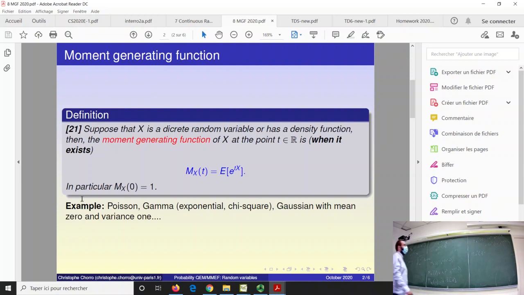The first is lambda plus lambda square. What is this one? No, now the variance. What is the variance of a Poisson of parameter lambda? Lambda square?